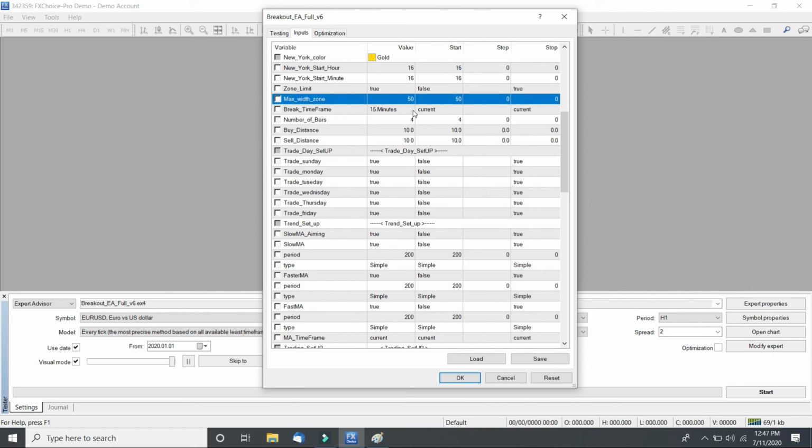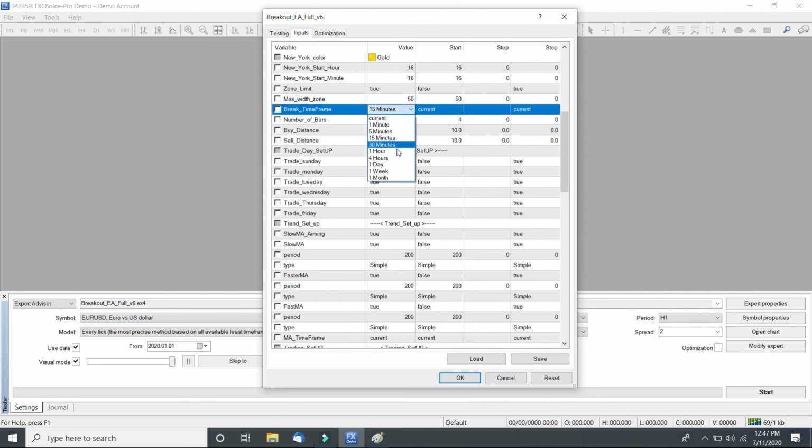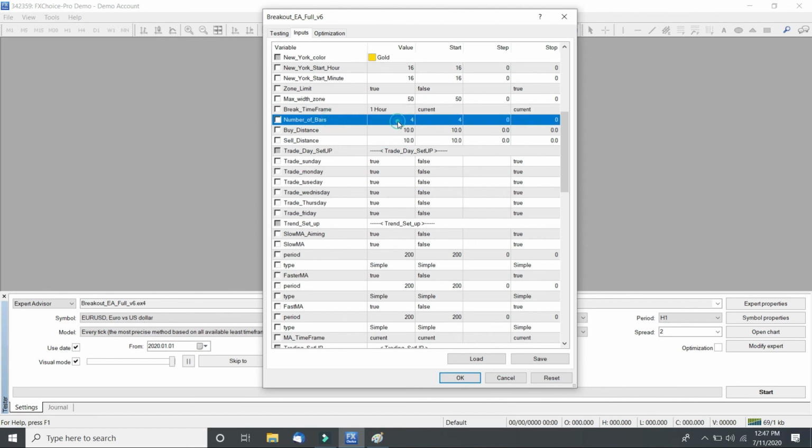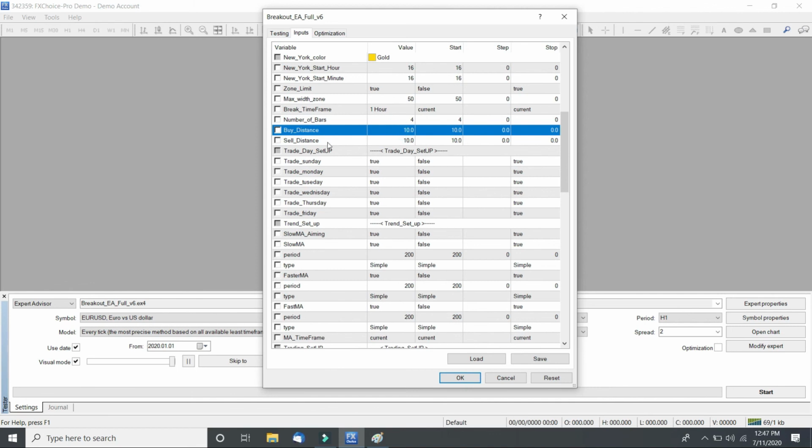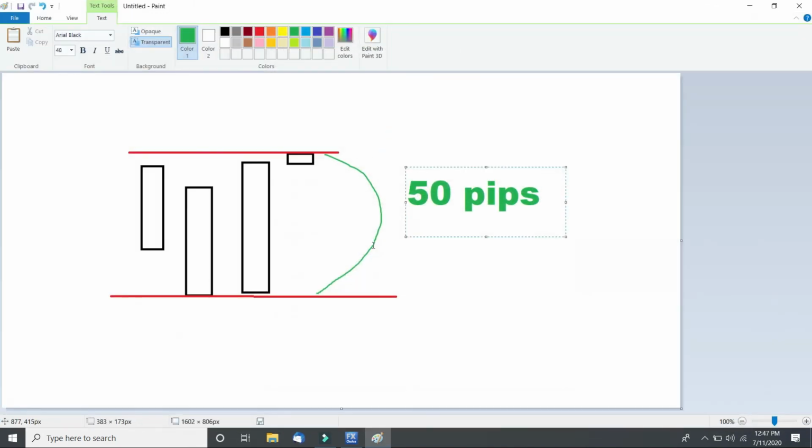Now, what time frame do we want to do this on? Let's set it on hourly. How many bars do you want to go back? Let's do 4 for now. Now, buy distance and sell distance. This is your zone, this is the low, this is the high.